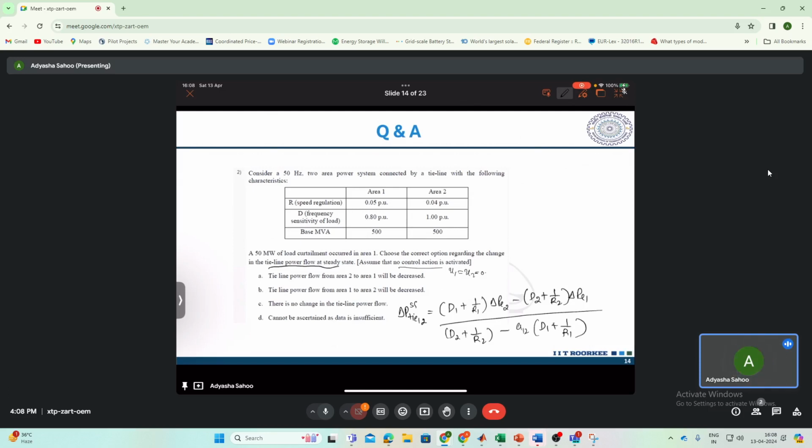So here if you again put all those values, that is A12 as minus 1, delta PL2 as 0, that will be reduced to delta P tie 12 steady state, PL2 is 0, so this will go out, so minus D2 plus 1 by R2 delta PL1 divided by D2 plus 1 by R2 plus D1 plus 1 by R1.